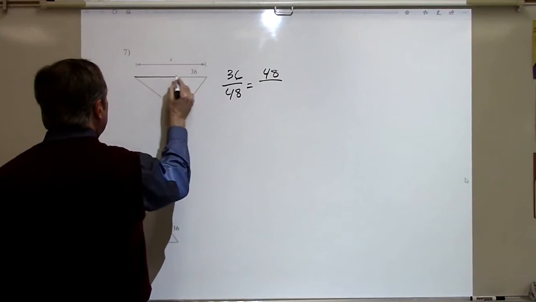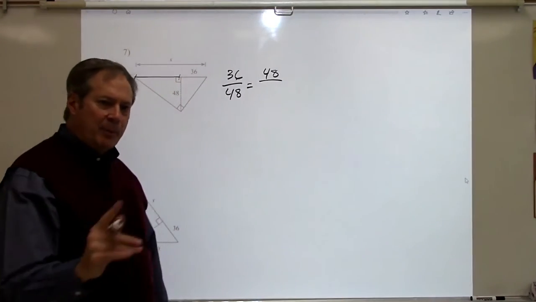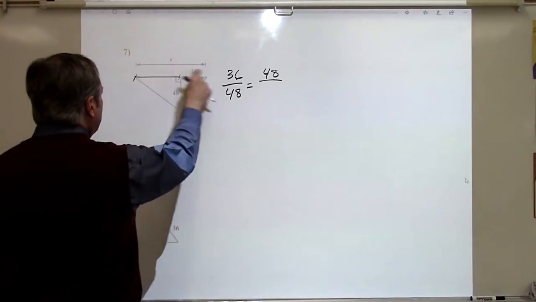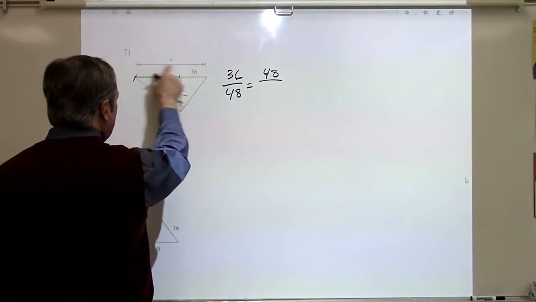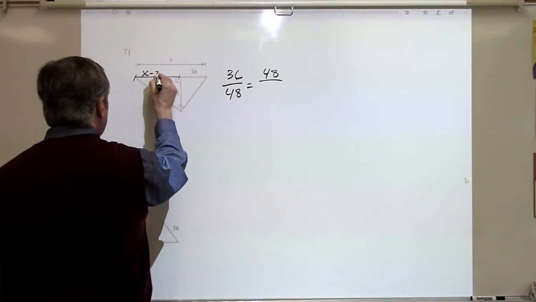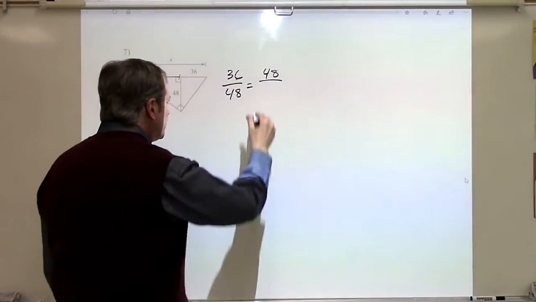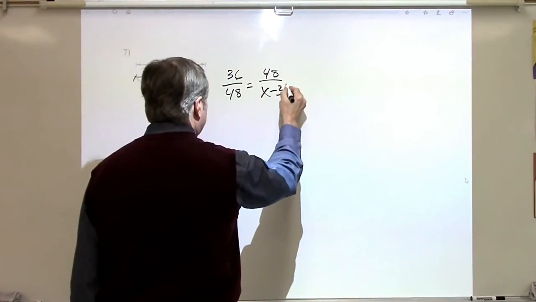All right, that's this piece right here. Well, we don't have a number for that, but since the whole thing is x, and the hypotenuse is x, that piece is 36, we could call this x minus 36. And sure enough, that's what we're going to do.